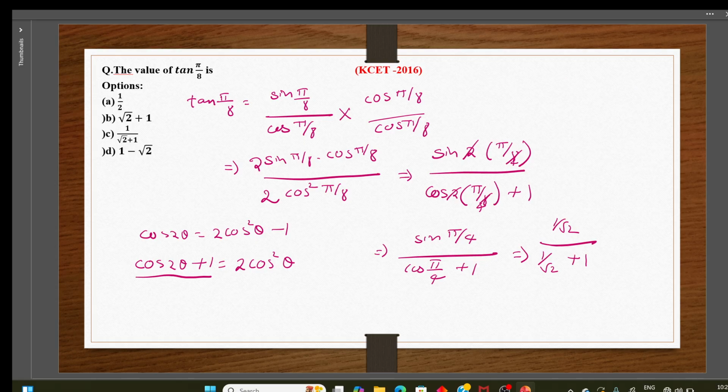Simplify this: 1 by root 2 divided by 1 plus root 2 by root 2. Taking the LCM, root 2 is cancelled. Remaining is 1 by 1 plus root 2, which is the answer. So option D is the correct answer.